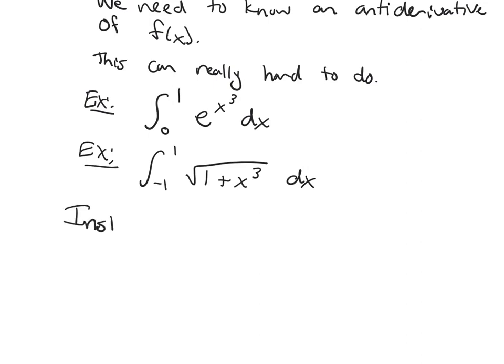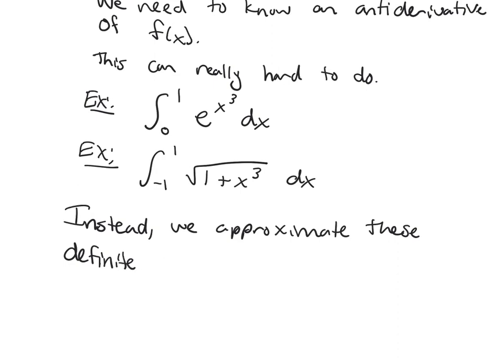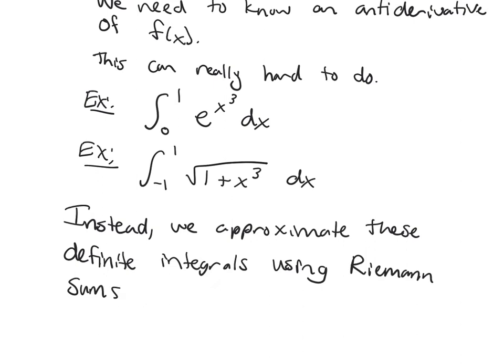So instead, we approximate these definite integrals using Riemann sums. Okay. Do you remember Riemann sums back from Cal 1? Maybe, maybe not. So let me explain the idea for you.